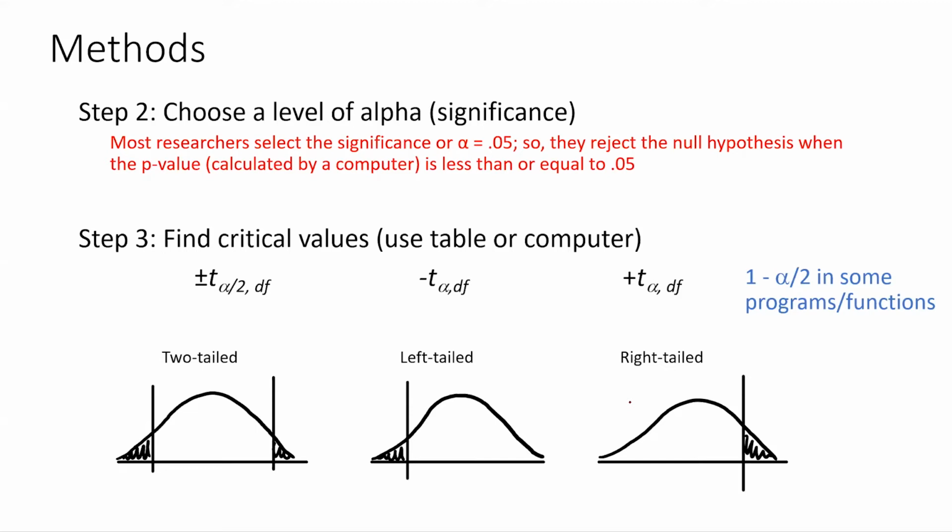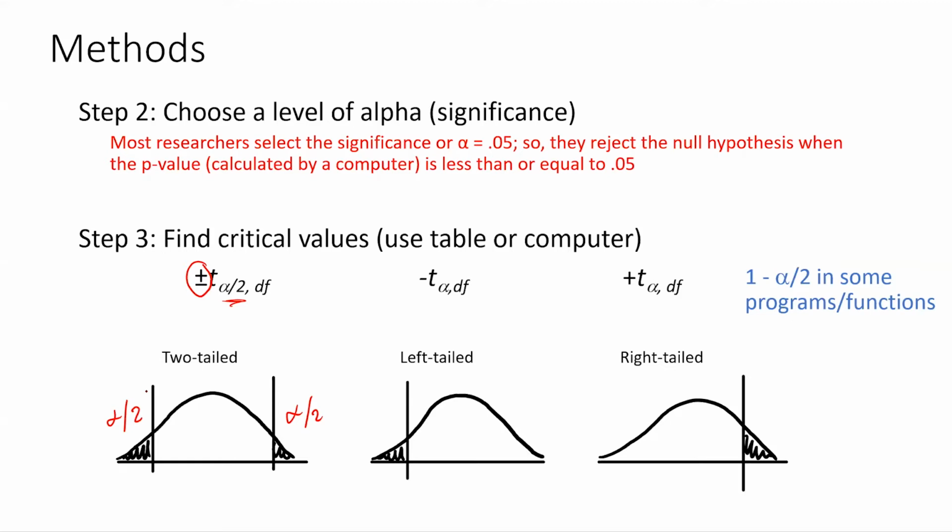We now want to find a critical value using our table or a computer. When we use a two-tailed test, we need the positive and negative versions of our t-crit for alpha over 2. When you look it up in the table, you'll go to the correct degrees of freedom, and then over at the top, alpha over 2, so that we have 1/2 of alpha in each side of this distribution.